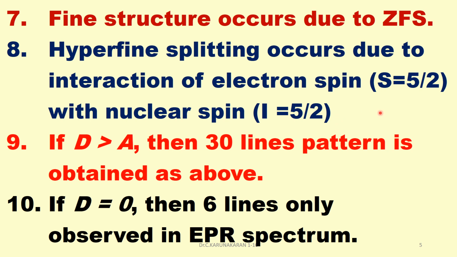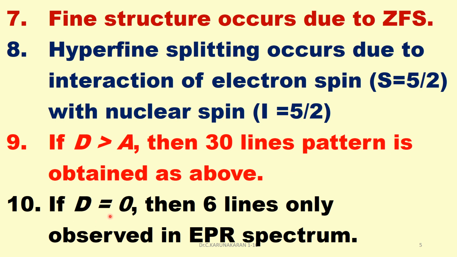For manganese-55 the nuclear spin is 5/2. If D is greater than A, as in the above case, the zero field splitting is greater than the hyperfine coupling. Therefore a 30-line pattern is obtained in the EPR spectrum.